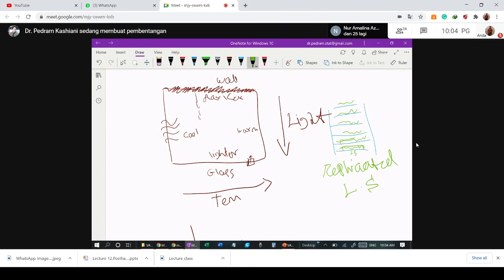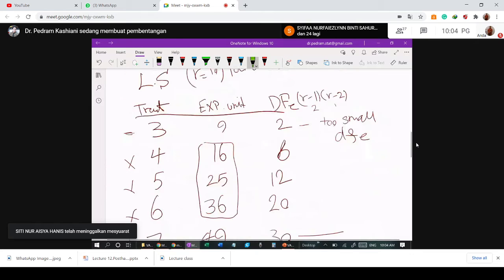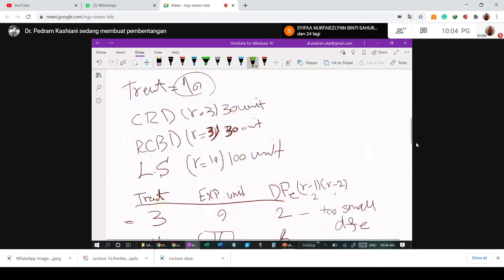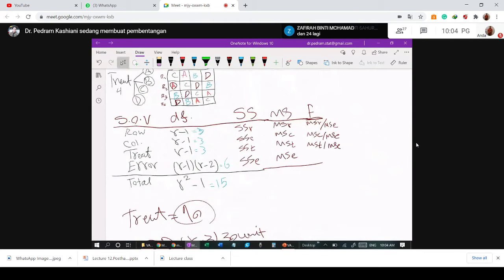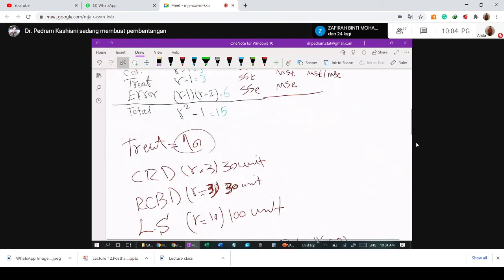In the second tray, 25 units. How many trays do I have to have? Here, there's no need to have exactly 5 trays. You can have any number you want. Maybe I want to keep it 3. So in this way, there will be a new source of variation that we put before row, and we call it a square. So that calculation is different.